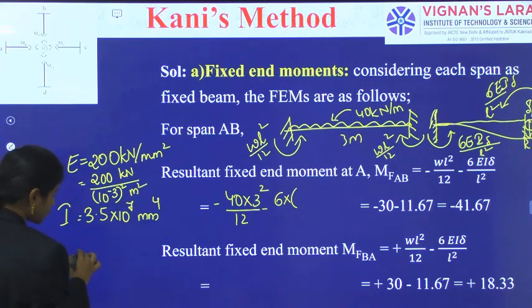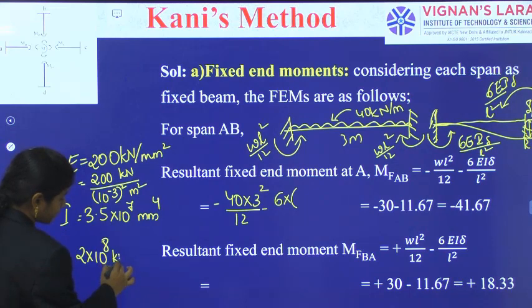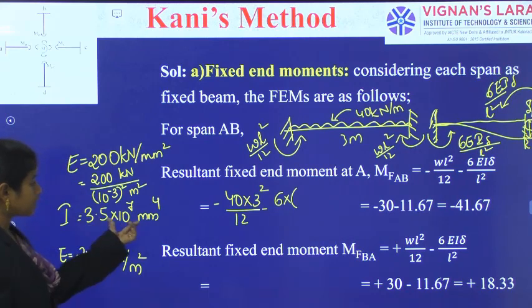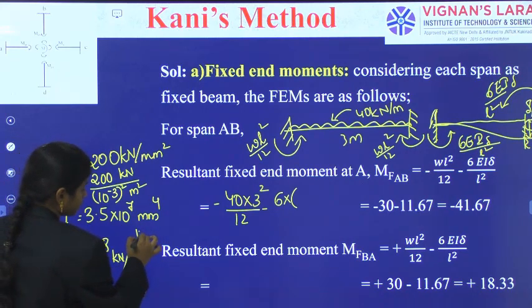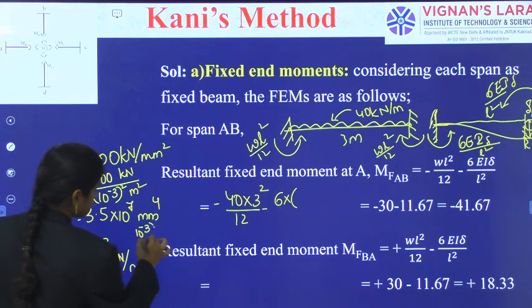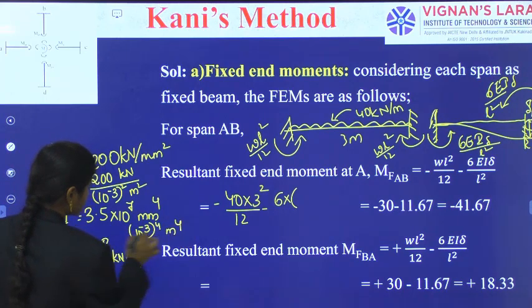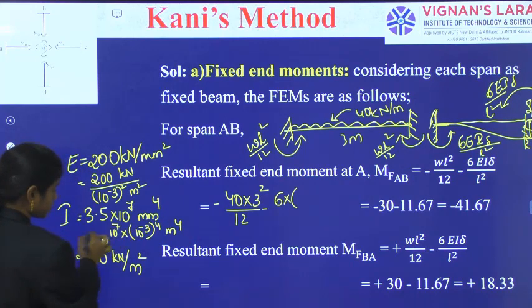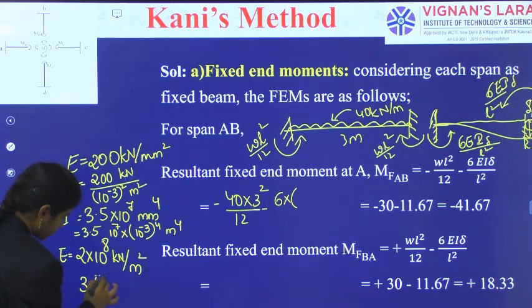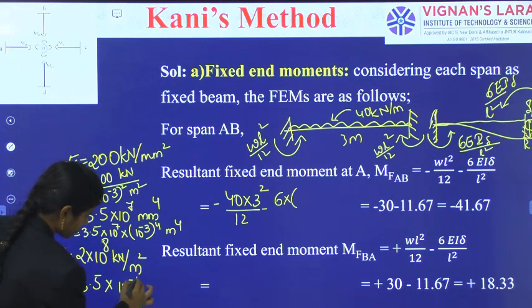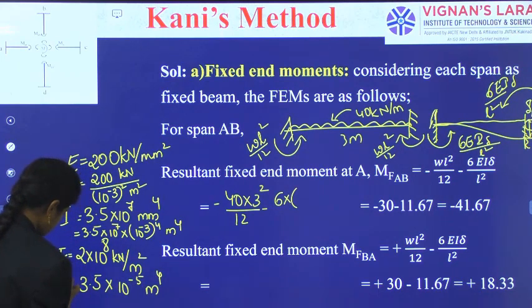So 2 into 10 power of 8 kilonewton per meter square as E. And for I, 3.5 into 10 power 7 into 10 power of minus 3 whole power 4 gives 3.5 into 10 power of minus 5 meter power 4, which is capital I.